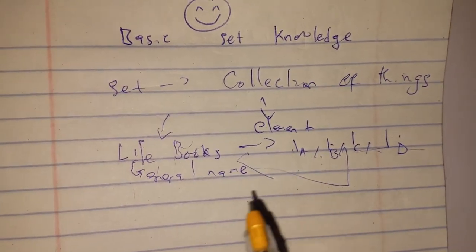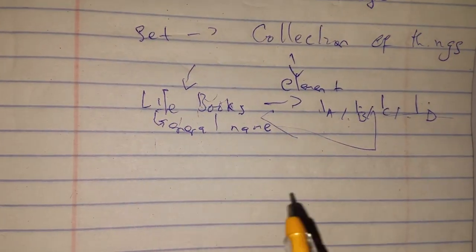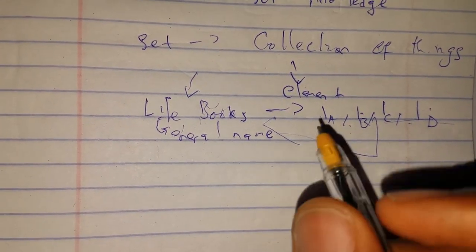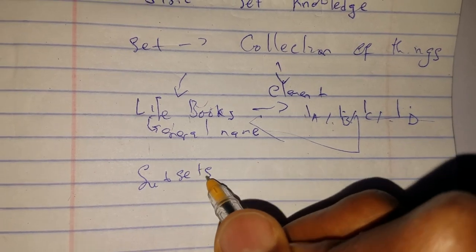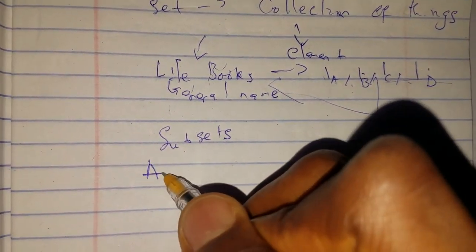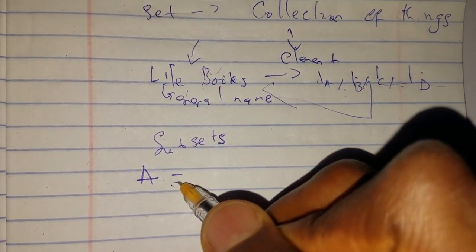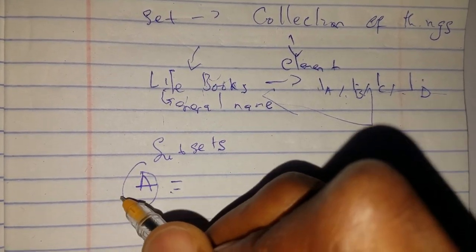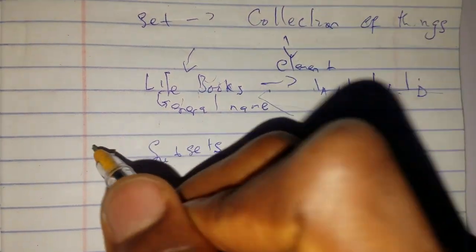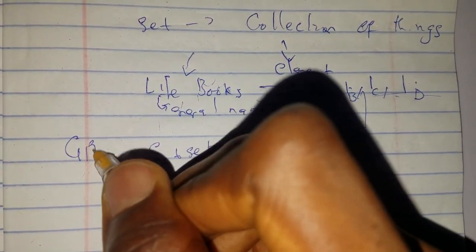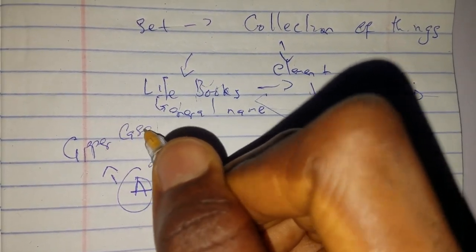All right, now let's continue. Today I'm going to be talking about several things in sets. For example, I'm going to be talking about subsets. Now let's say we have a set A. Sets should normally be denoted with capital letters, or uppercase letters.